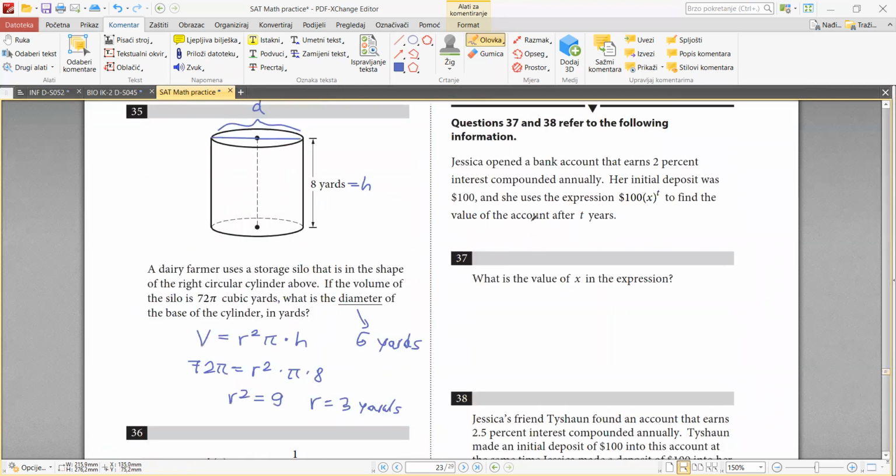Question 37. Jessica opened a bank account that earns 2% interest compounded annually. Her initial deposit was $100, and she uses the expression 100x to the power of t to find the value of the account after t years. So what is the value of x in this expression?